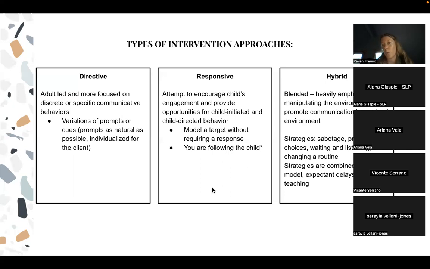Say you have a blue marker and the kid says that they want blue. And I say kid, but this can really be any age. And then you hand them the green on purpose. You're sabotaging that situation. So then the child is going to have an opportunity to communicate. They're going to say, no, I wanted blue. And there are all those different strategies there.